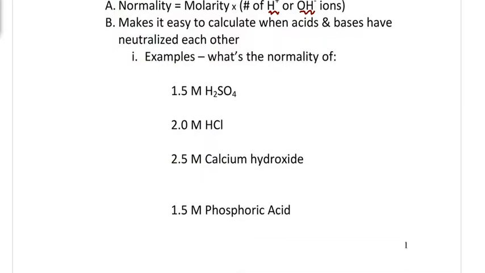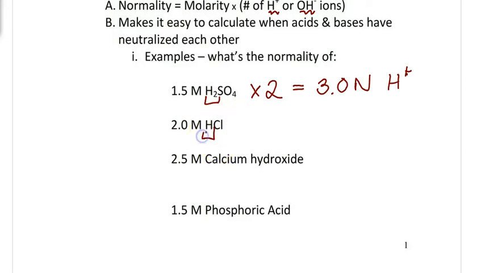If we have 1.5 molar sulfuric acid, there are 2 acid protons there, so we'll need to double the concentration, so we'll end up with a 3.0 normal solution of our acid. The next one, hydrochloric acid.